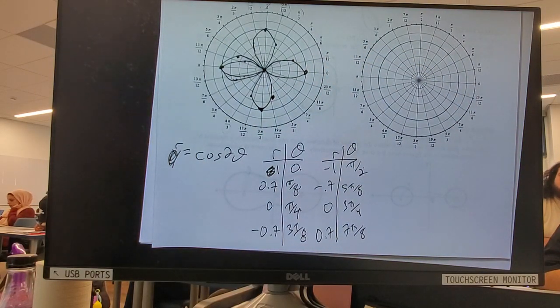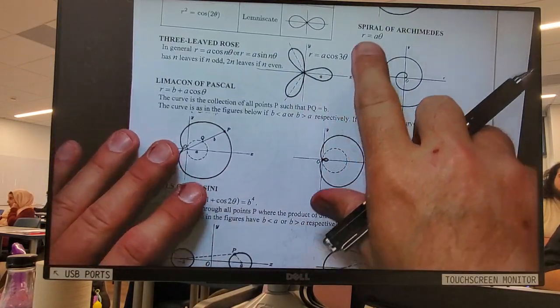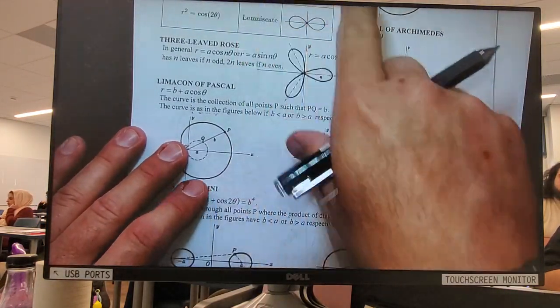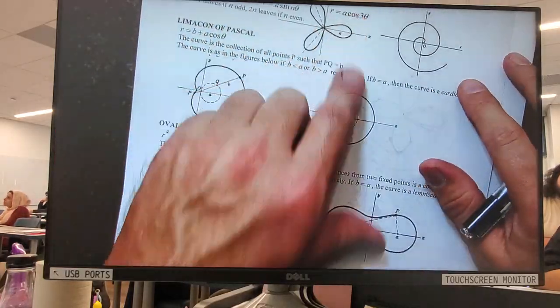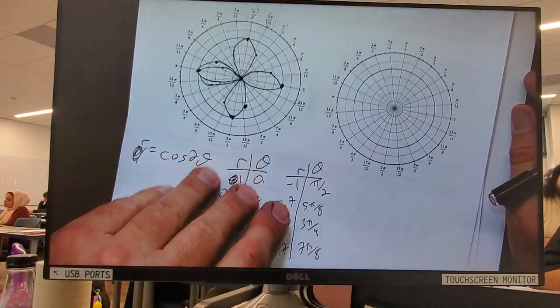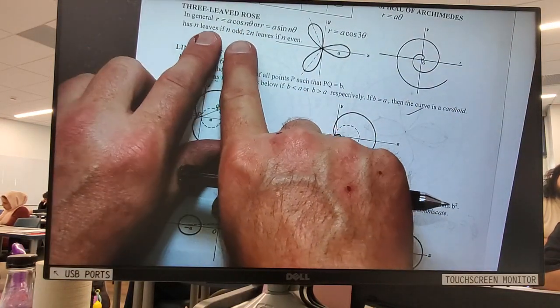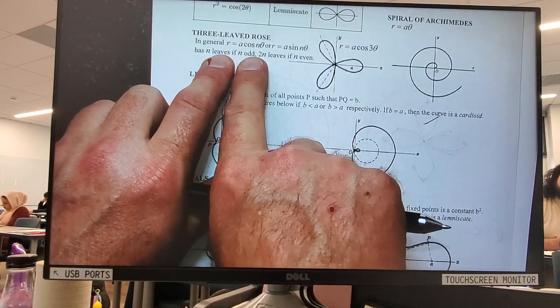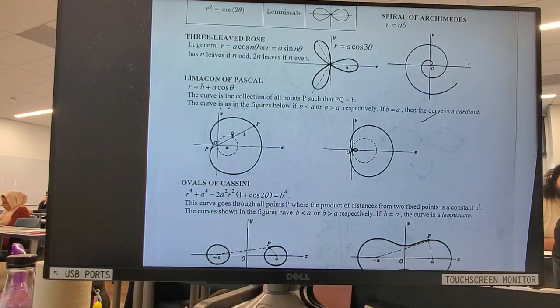If you look on the other side of this paper, for example, yeah, this is kind of nifty. We did cosine of 2 theta. So if n is even, it has 2n leaves.